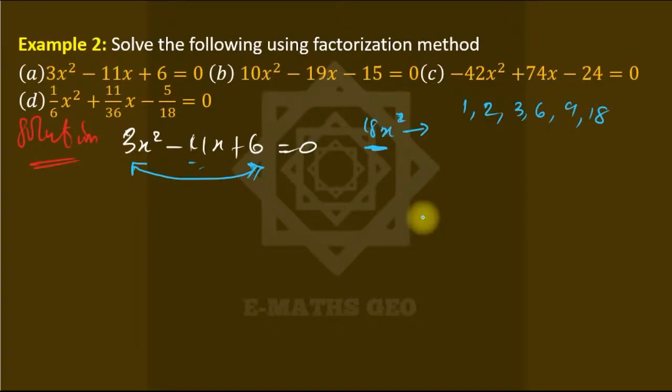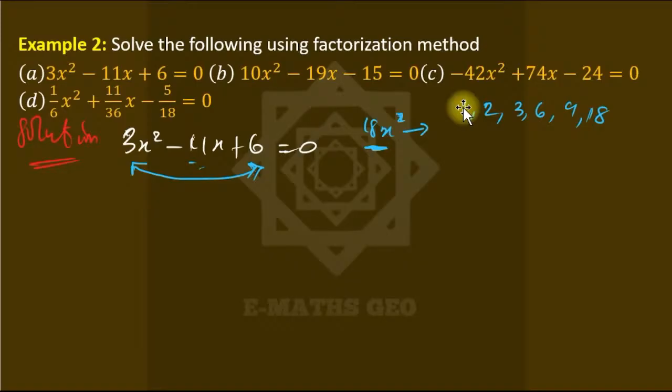So we now have 2 factors that will have x in it, and it will be among these. If I choose 1x, what will make it 18 is now 18x. And there's no way you combine 1x and 18x to give you minus 11x. Remember, the negative has something to do with the terms having the same sign.